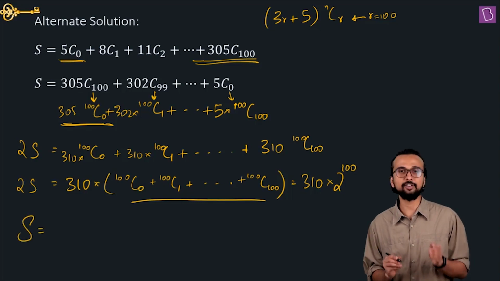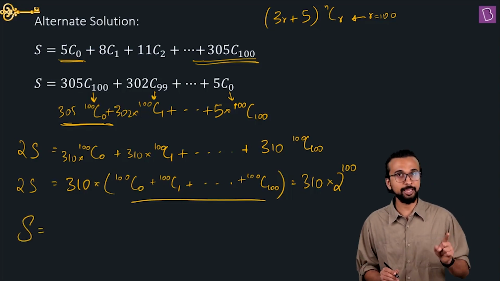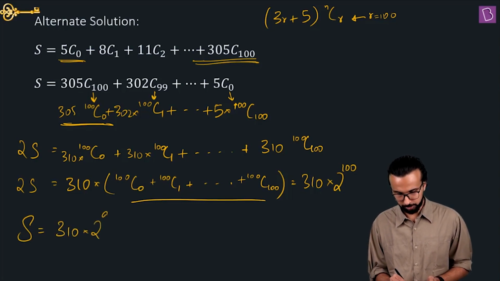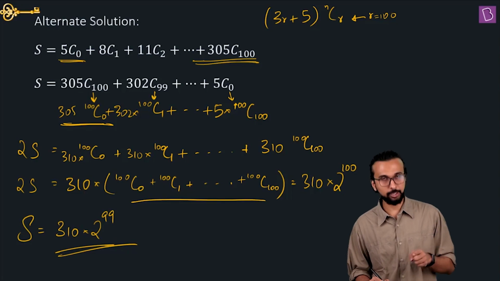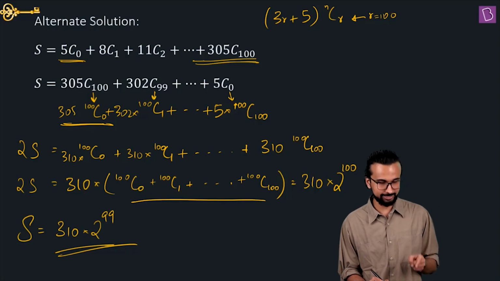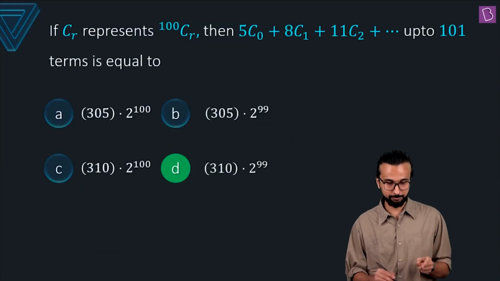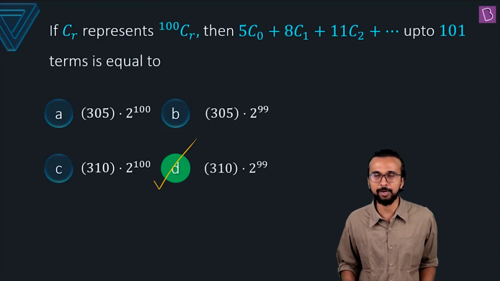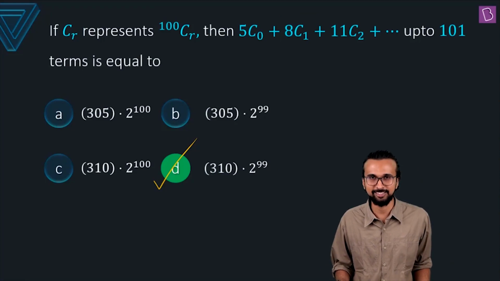What are we looking for? The value of S. So we divide the RHS by 2 here. That becomes 310 into 2 power 99. As you can see, from both methods I get the same answer, which is option D here: 310 into 2 power 99. Got that?